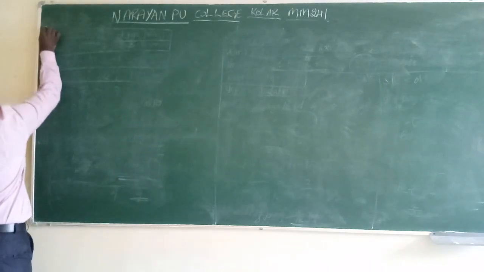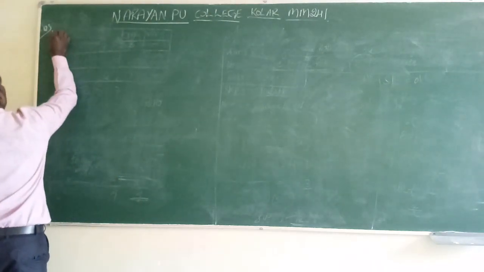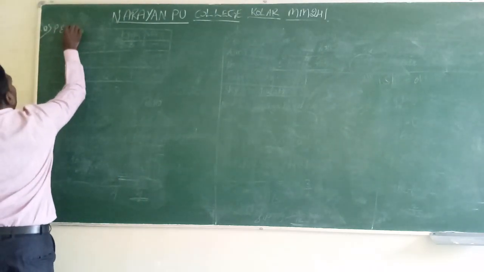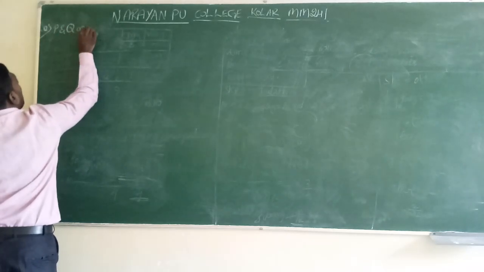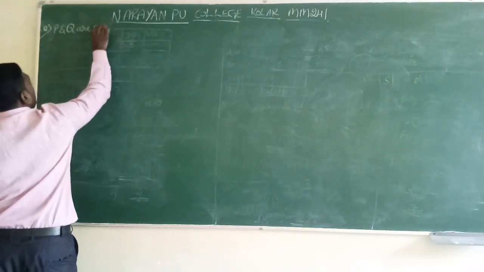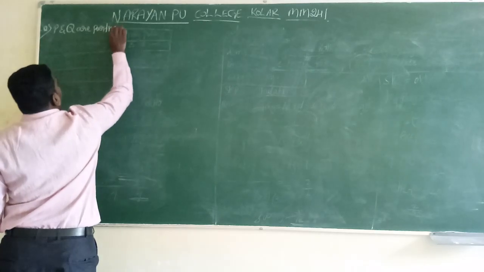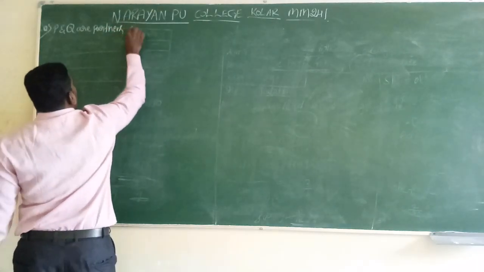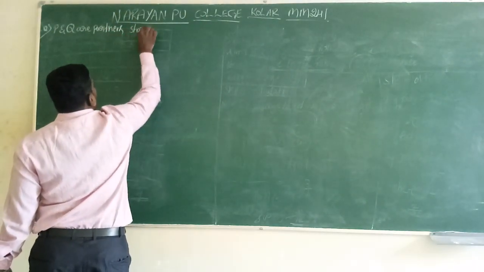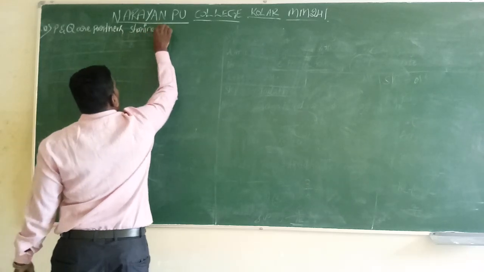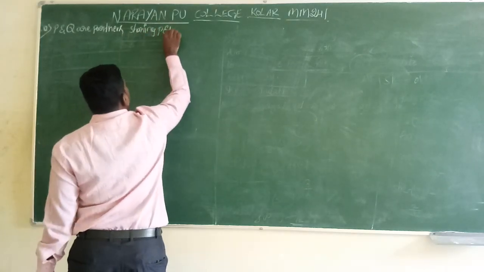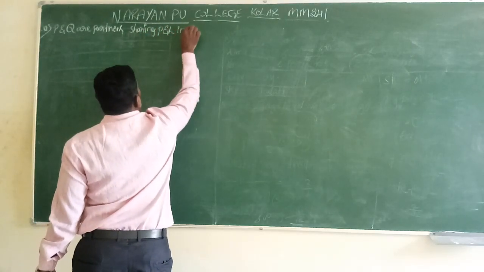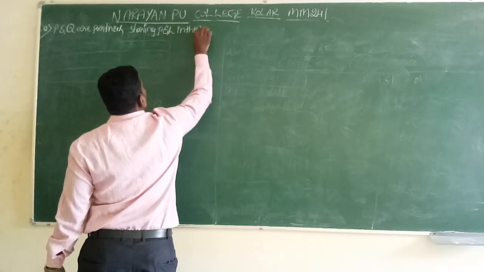Question number 2. P and Q are partners sharing profits and losses in the ratio of 2:1.